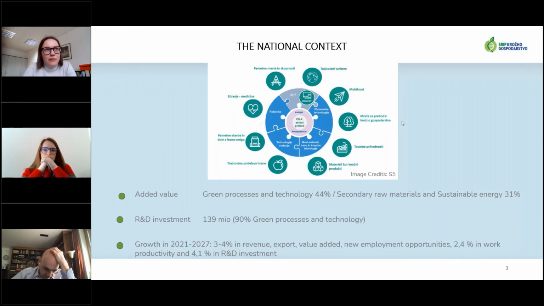These numbers relate mainly to the recycling sector, so not the whole circular economy area.